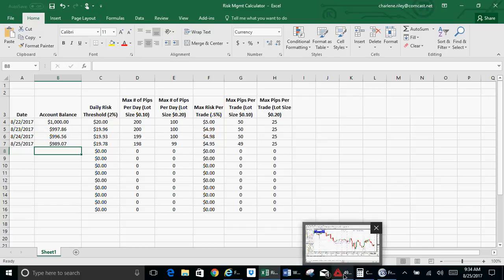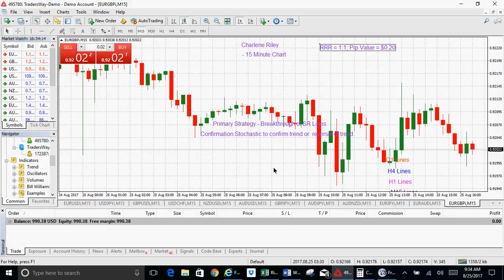So now, going into the markets, I'm looking at a clean slate on my Euro British Pound 15-minute chart. So the first thing I want to do is do my multi-frame analysis.